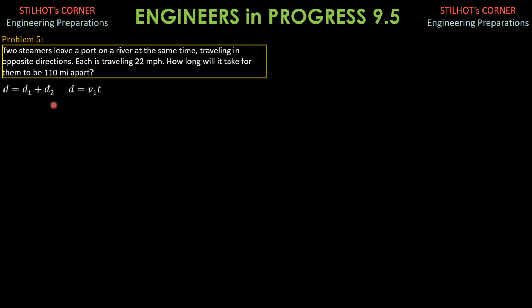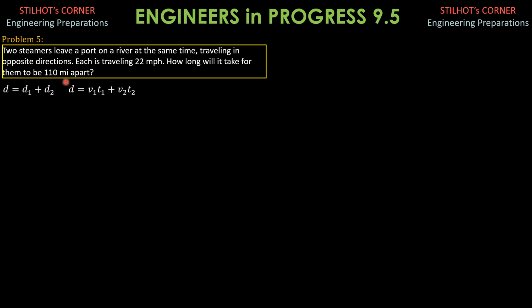But t sub 1 equals t sub 2 equals t, as well as v sub 1 equals v sub 2, because each is traveling at 22 miles per hour and they leave the port at the same time. So their travel time and their speeds are equal.